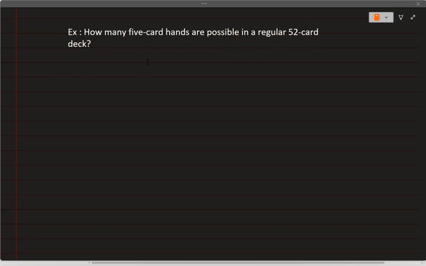All right, so we have n is equal to 52. We have r is equal to 5, and we can easily write up the combination formula. This is 52 choose 5, which is equal to 52 factorial over 5 factorial times (52 minus 5) factorial.